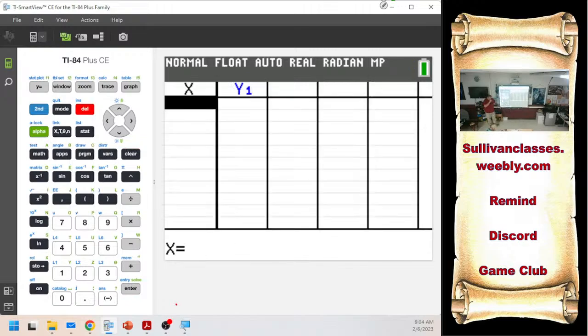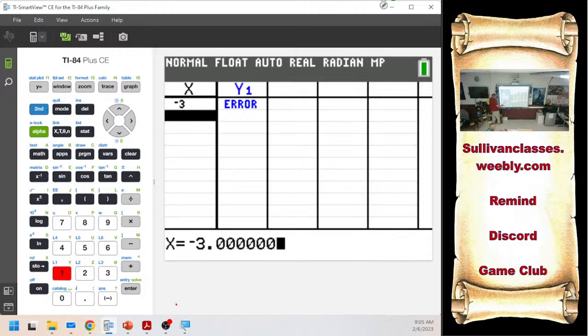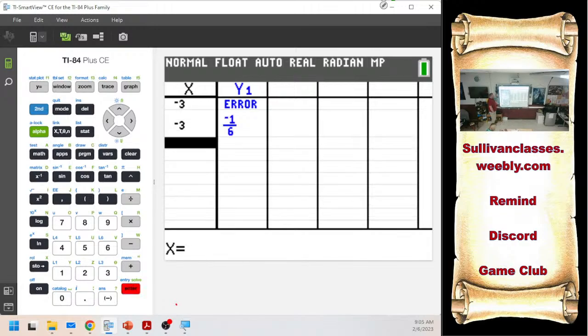If I want to get really, really close to negative 3, I'm going to type negative 3 point. Okay, we got too close. 3. Fine. Be that way, Frank. Okay.